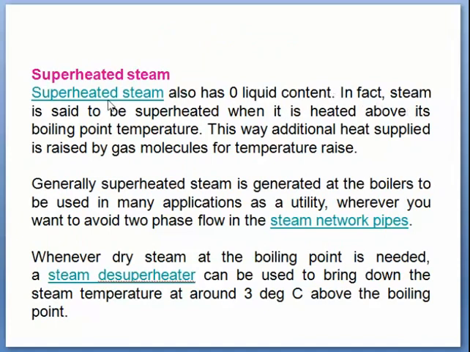Steam is said to be superheated when it is heated above its boiling point temperature, and the additional heat supplied is used to raise the temperature of gas molecules. Whenever dry steam at the boiling point is needed, a steam desuperheater can be used to bring down the steam temperature to around 3 degrees centigrade above the boiling point.